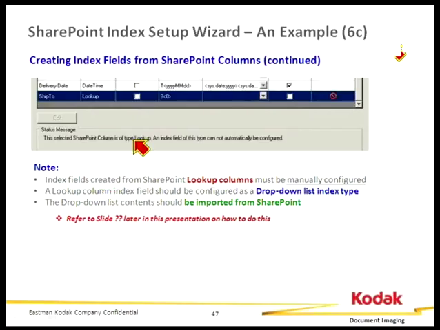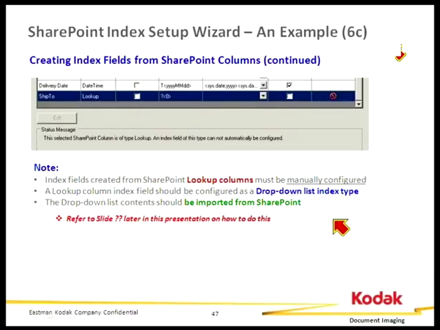So I can't pre-configure a lookup column right here in the wizard. Index fields created from SharePoint lookup columns must be manually configured. It's not going to bring anything over. So I have to enter the input format and create a drop-down list, and so on and so forth, manually. A lookup column index field should be configured as a drop-down list index type.